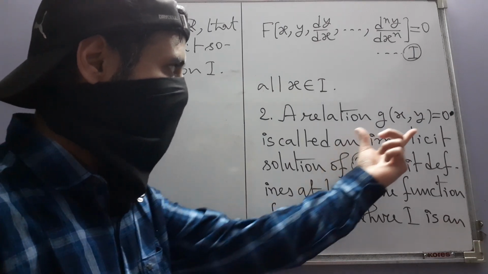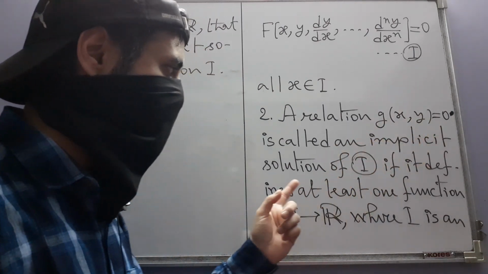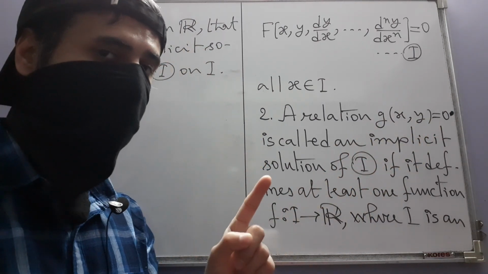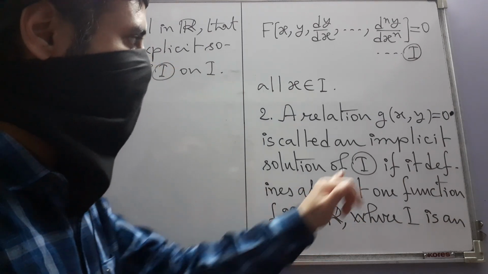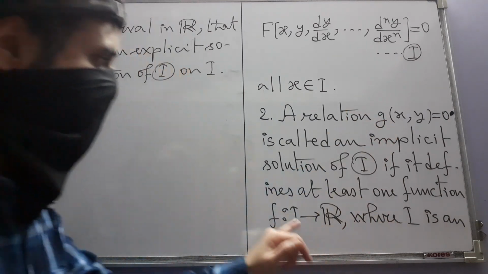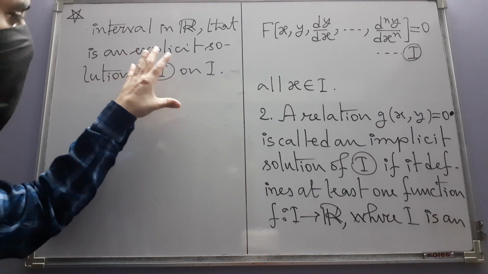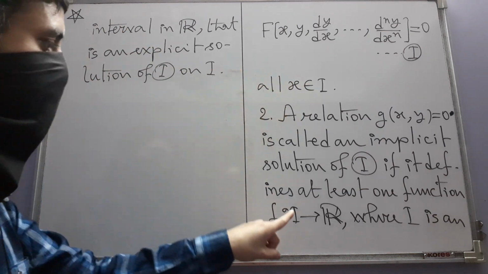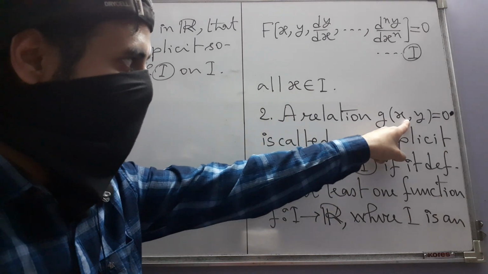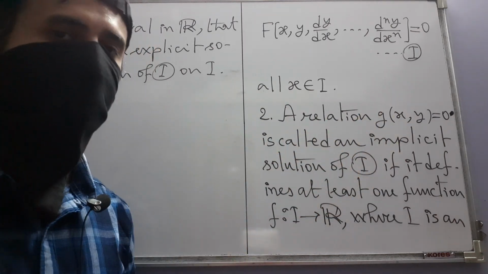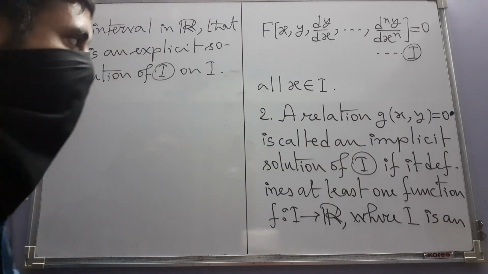Okay, so if this relation defines at least one function, a relation may define more than one function. We are going to see one example of that. Such that that function is an explicit solution of our differential equation on its domain, which is an interval, then we will call this an implicit solution of our differential equation.